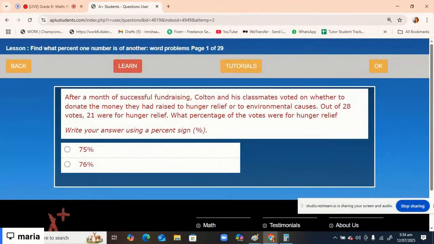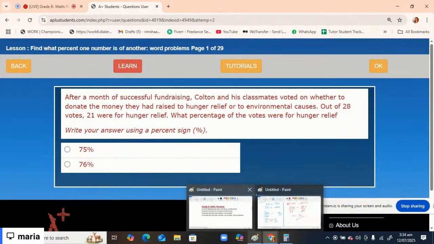After a month of successful fundraising, Colton and his classmates voted on whether to donate the money they had raised to hunger relief or to environmental causes. Out of 28 votes, 21 were for hunger relief.